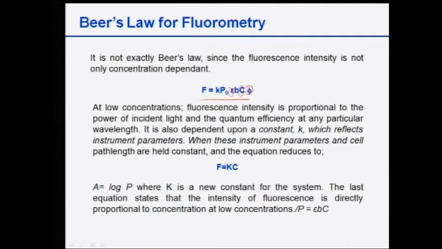When these instrument parameters and the cell path lengths are held constant, you can write the equation as A equals K into C, where A is log P and K is a new constant for the system. The last equation states that the intensity of fluorescence is directly proportional to concentration when the concentration level is low. That means when P is epsilon B C, the Beer-Lambert law can be applied.